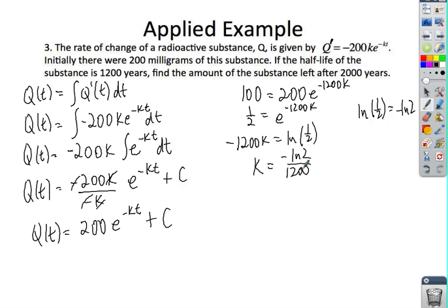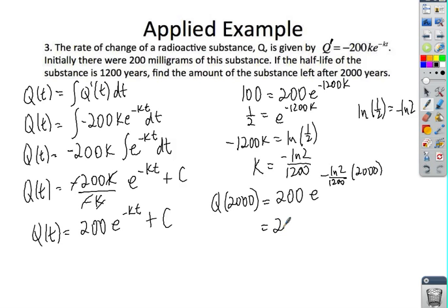And now, because we know the k value, we can actually solve for the quantity of the substance at time 2000 years. Substitute in the things that we know, e to the, I'll leave the k as an exact value, negative ln 2 over 1200, sorry, times the time 2000, all right?